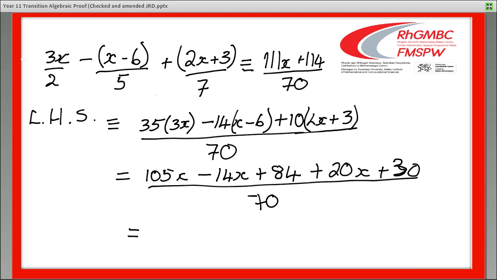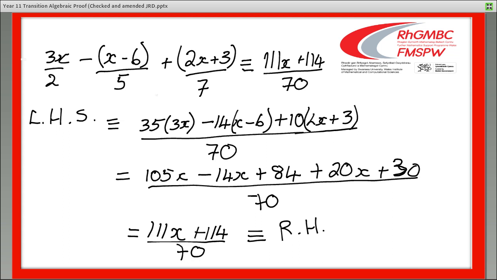And collecting together like terms, that will give me 20 take away 14 is 6, plus the 105 gives me 111x. 84 plus 30 gives me 114, and that's all over 70.